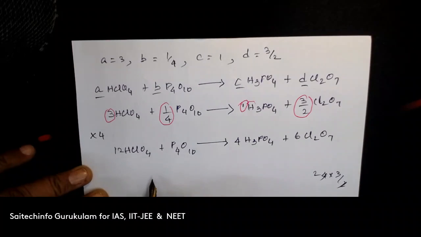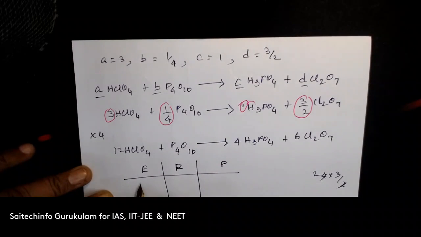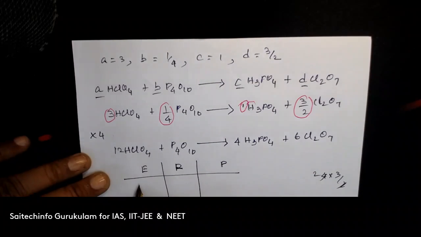Now let us check whether these elements are balanced in this equation, comparing the reactant side and the product side for each element: hydrogen, chlorine, phosphorus, oxygen.